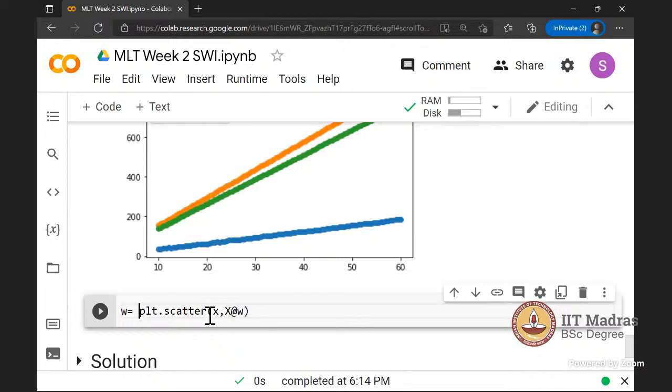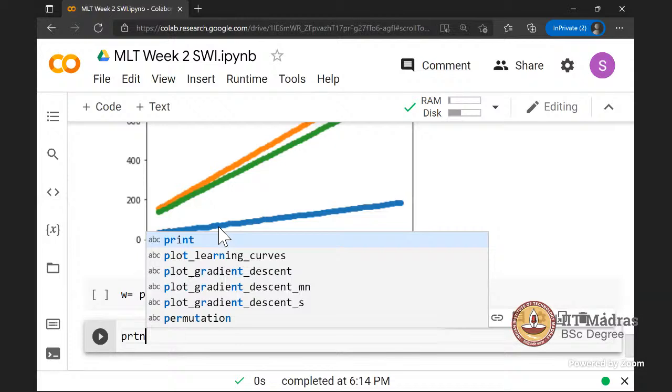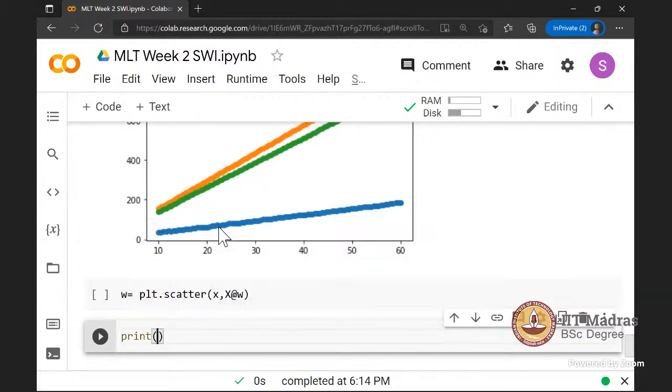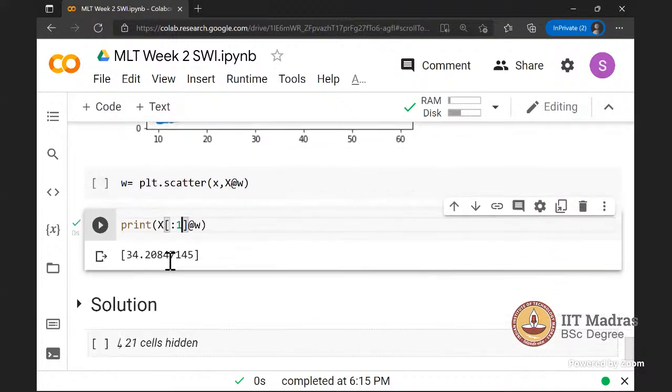So this is our W. Let's predict some of the values. Let's make predictions on first just one value. Okay, so this one prediction is over there, right?